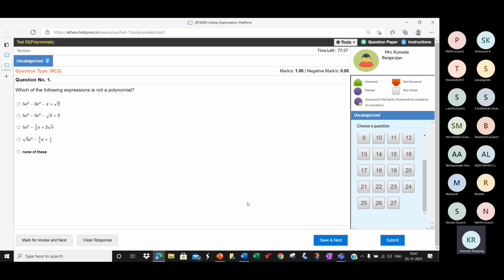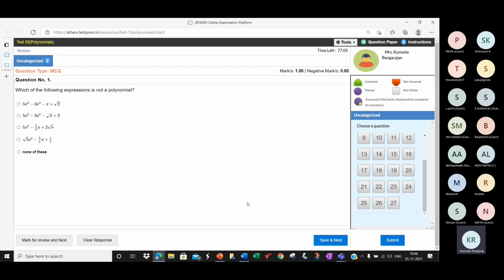Which of the following expressions is not a polynomial? Are we all trying it?